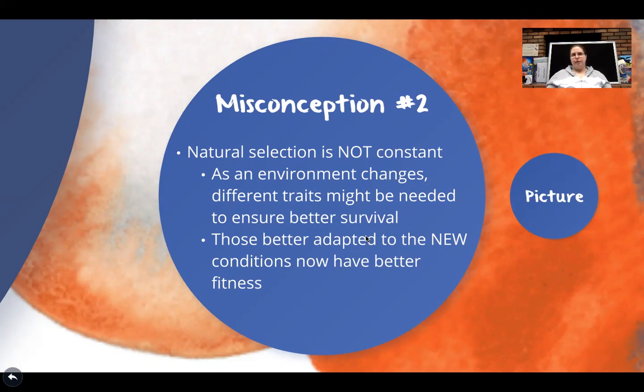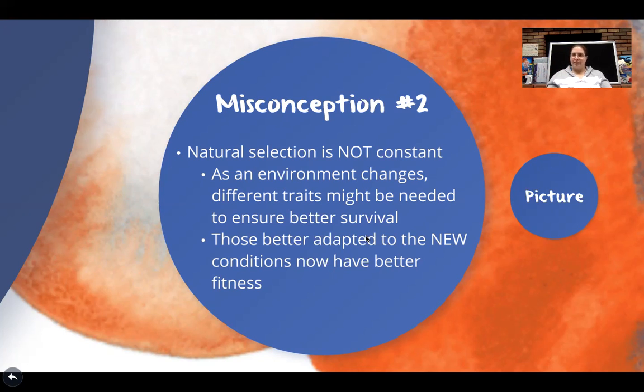But then during the Industrial Revolution, the factories were putting out a lot more smoke and dust and ash into the air, and that actually coated the trees and made their bark darker because of the extra soot on them. Well, now that the trees were darker, see, a change in the environment, a change in the ecosystem, the darker moths were able to camouflage better, and the lighter moths, which were very successful previously, were no longer successful.